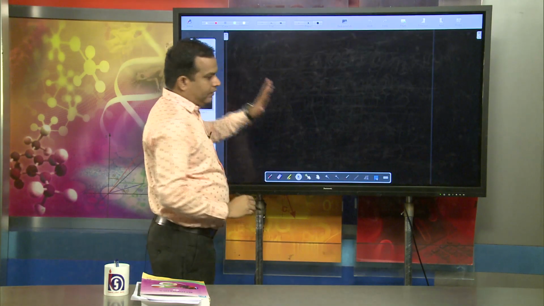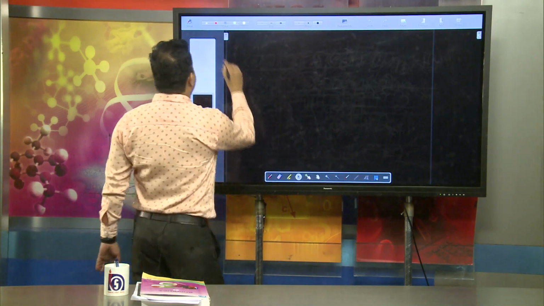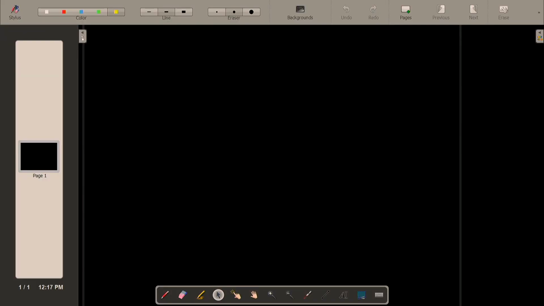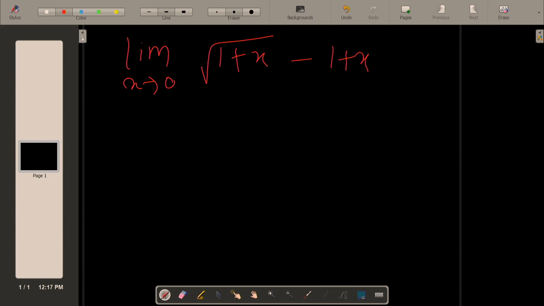Suppose this was the situation: limit x tends to 0, square root of 1 plus x minus square root of 1 plus x, divided by x.